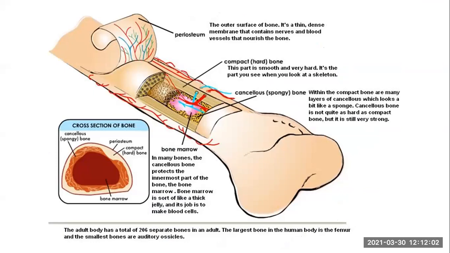The outside layer contains just that, the neurovascular bed and supply, and then the inner layers, you have the hard compact bone on the outside and the inner layers of spongy bone, which encases the bone marrow.